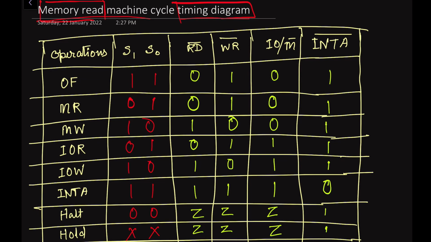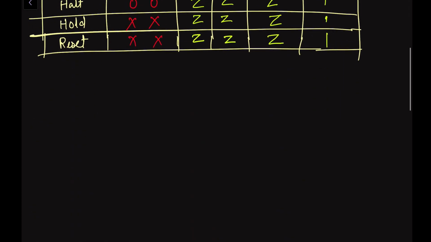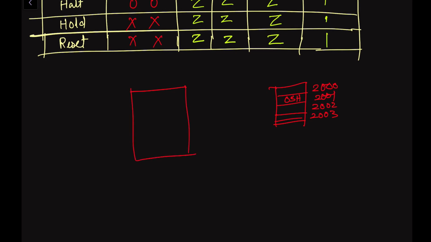So what do we understand by memory read? Memory read means something is there in the memory. This is, suppose, the stack of the memory. Suppose we have 2000, 2001, 2002, 2003. Suppose we have 4 memory addresses, and suppose 058 is the content. Then memory read operation means here we have the microprocessor, MUP, the shortcut for the microprocessor.